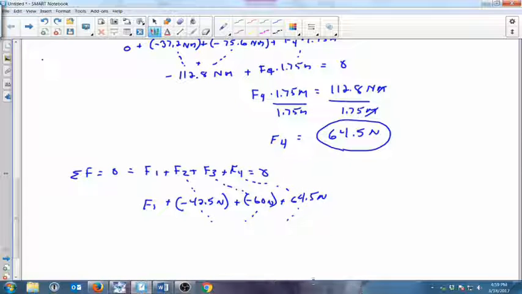So after I add all these up and move it to the other side of the equation, I find out that the force that's left is 38 newtons. And that's my final answer.